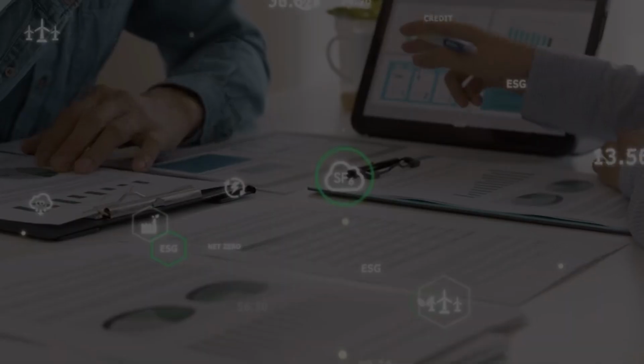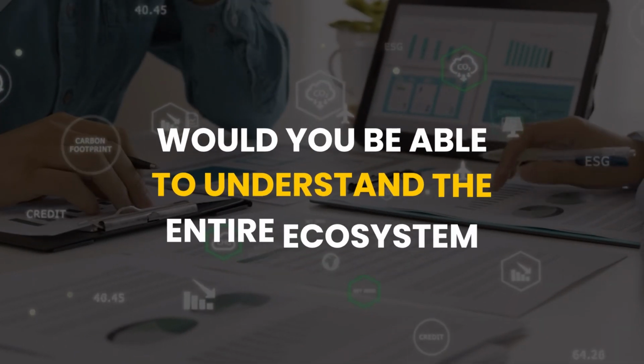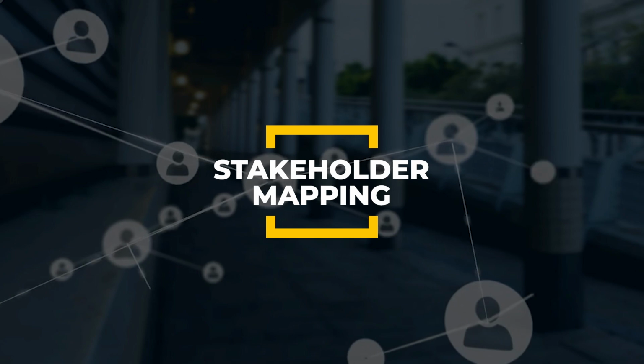But there's one very important thing that people often do not understand, and that is, would you be able to understand the entire ecosystem around the people, or the ecosystem around the business or the user? That is where understanding the ecosystem comes in with stakeholder mapping.